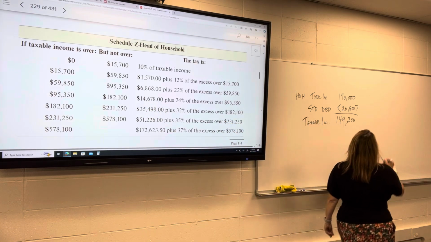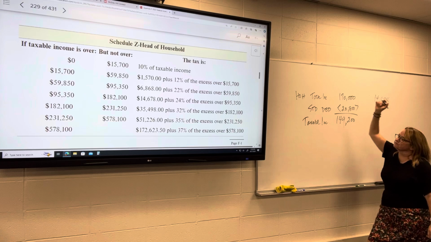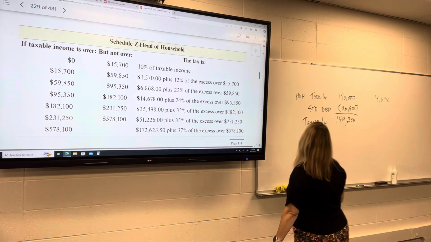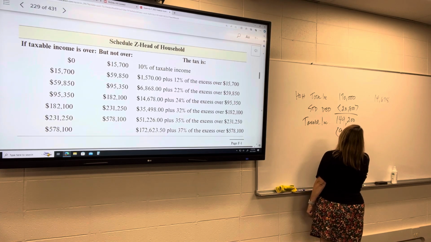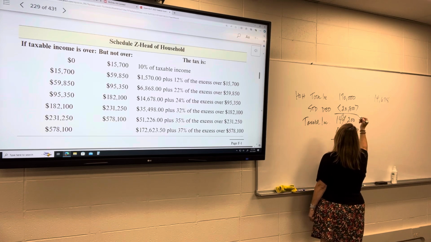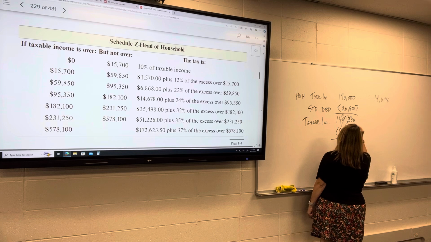So 14,678 plus, put that down, 14,678, 24% of the excess over 95,350. So we're going to subtract the 95,350. 149,200 minus 95,350. Tell me if I'm wrong, because sometimes I do this.